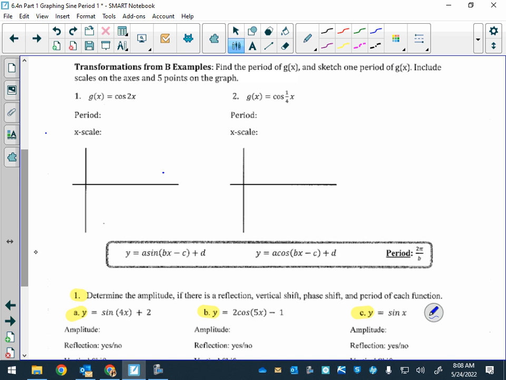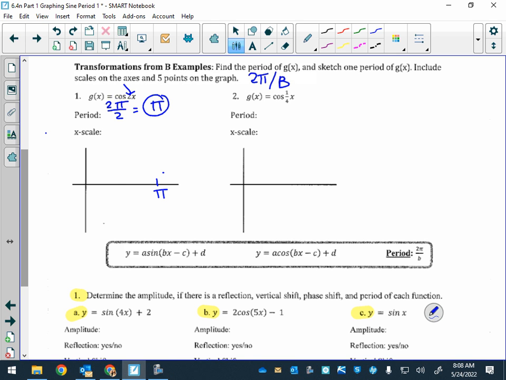So the formula to change the period is 2 pi over b. The b value is in front of the x. So we take 2 pi, divide by 2, because that's our b value. The new period is pi units. So one full rotation will take pi units, so we will end this cycle at pi.